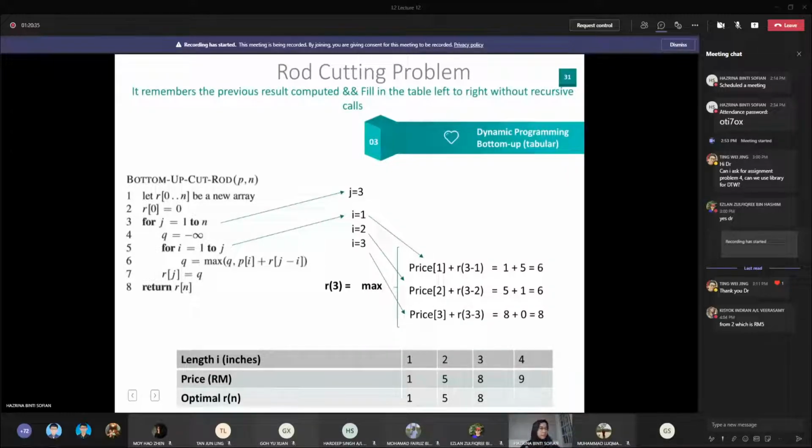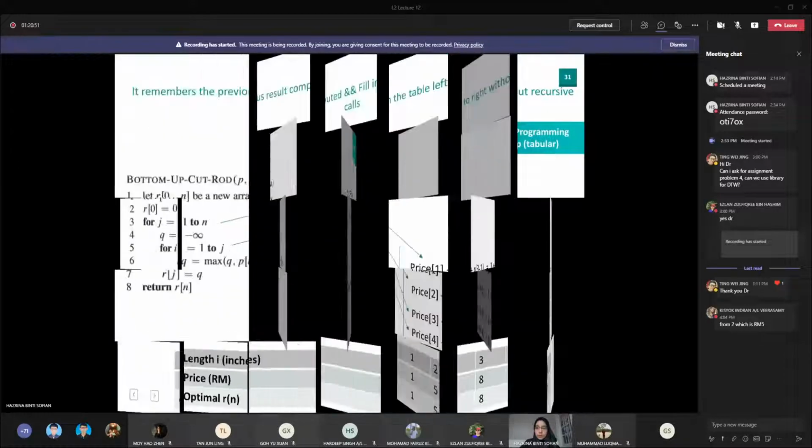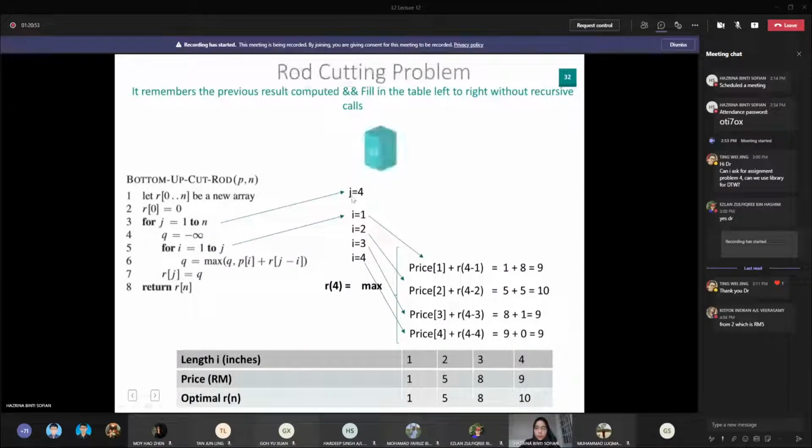Right now it will break the i for loop and re-enter line number 3 when next j equals 4. When j equals 4, i has 4 different values, from 1 to 4.